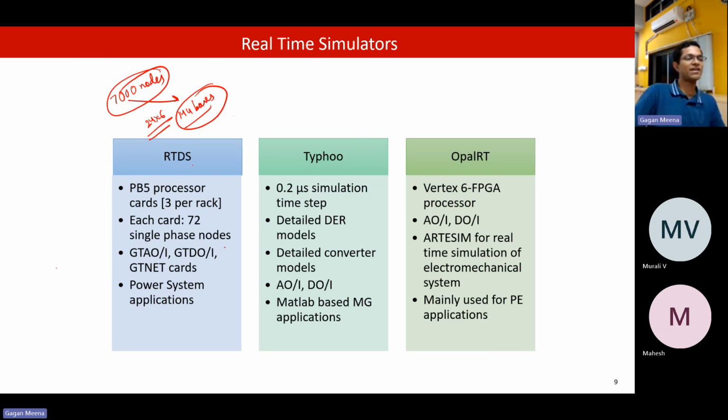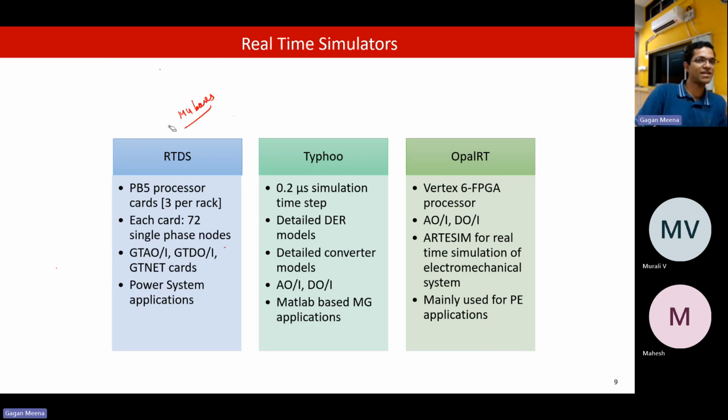That means aggregating several nodes to form one node so that the 7,000 node network can be converted into a 144 node system, still representing the actual system by doing aggregation in such an intelligent way that it still behaves as if we are simulating the bigger network. Certainly, we will not be able to see each and every minute detail, but on an aggregate level we can do that. It depends on what we are trying to observe.